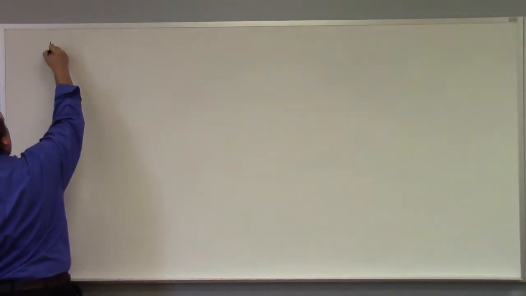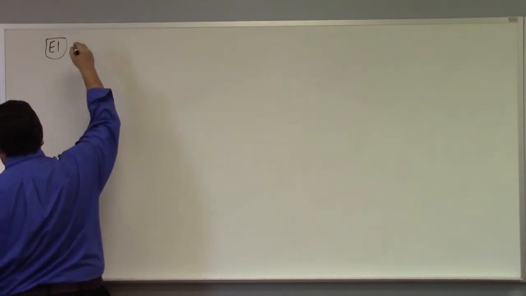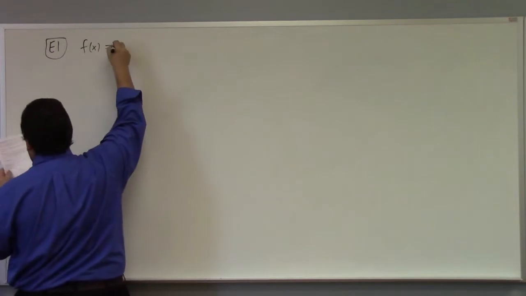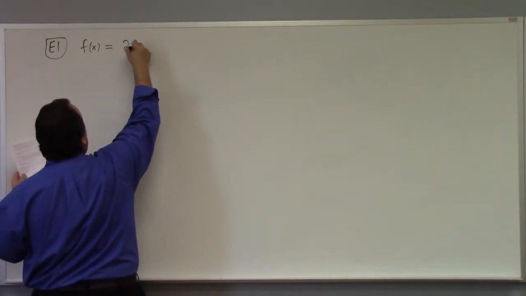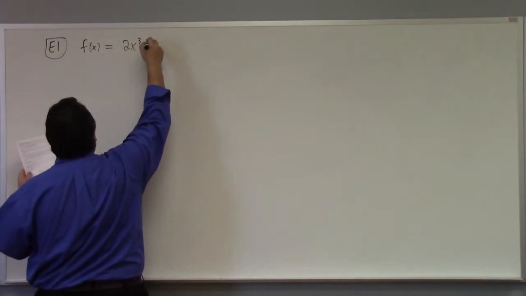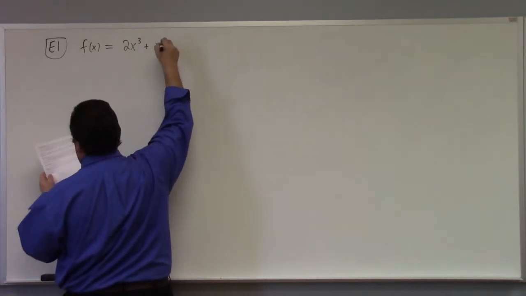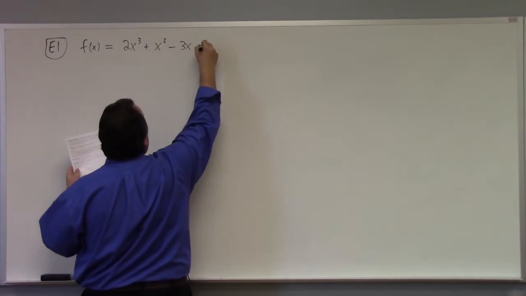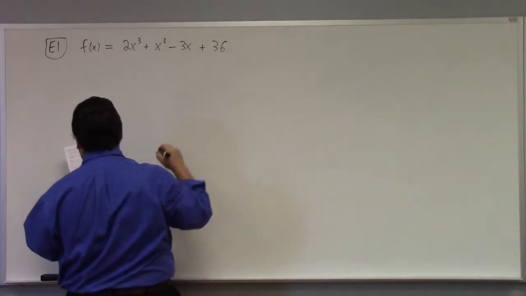Example 1. We get f of x equals 2x cubed plus x squared minus 3x plus 36. All right?